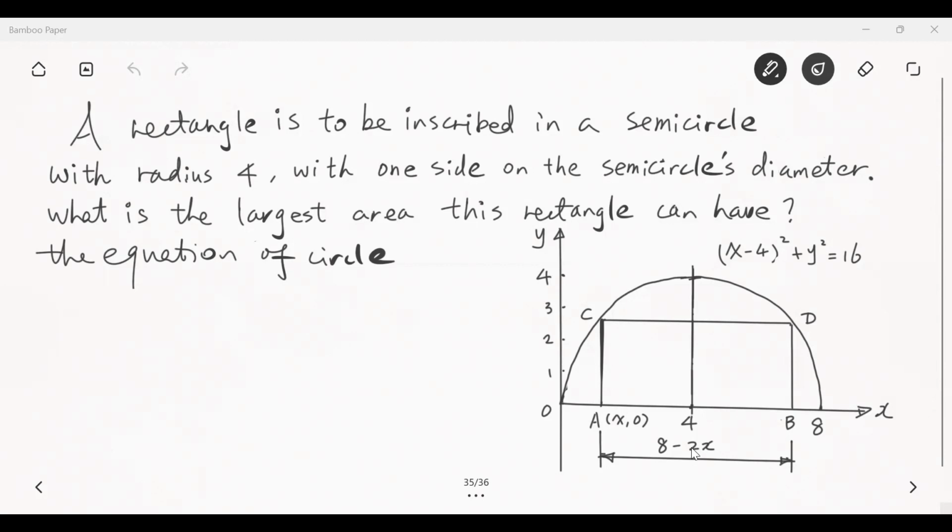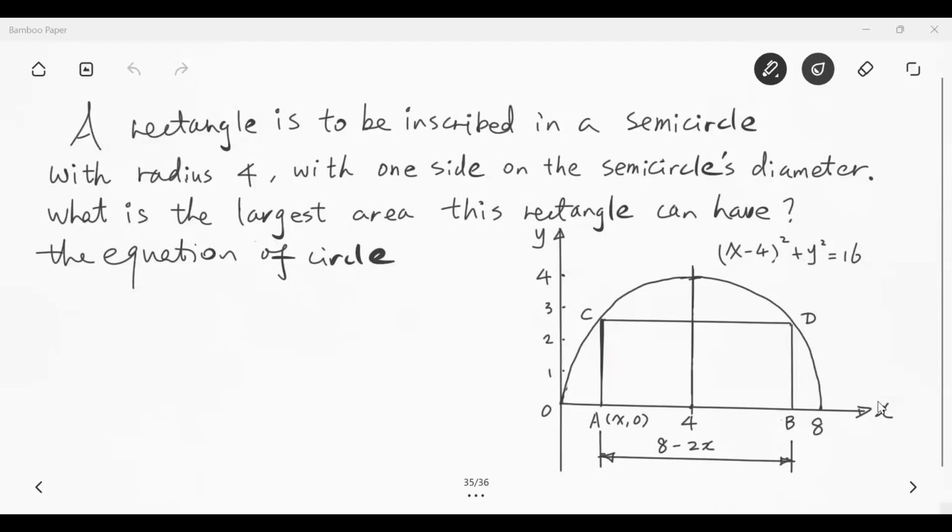As the graph shows, I set up the coordinate system like that. In the middle, x equals 4, and the left side and right side of x equals 4 are symmetric, right? The central point is (4, 0) and the radius is 4.